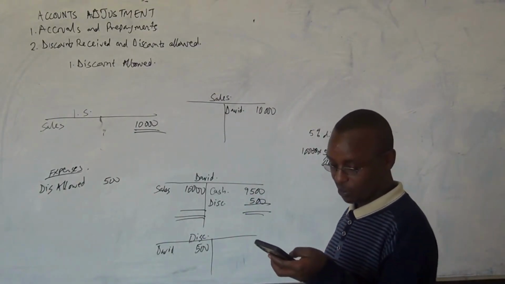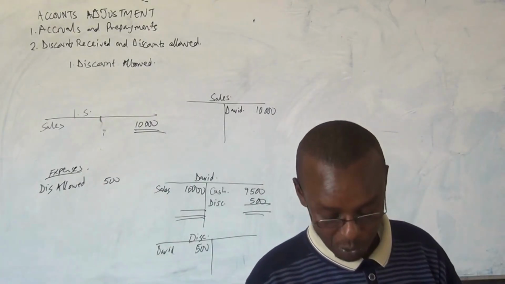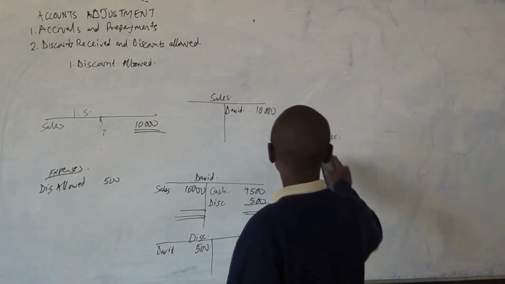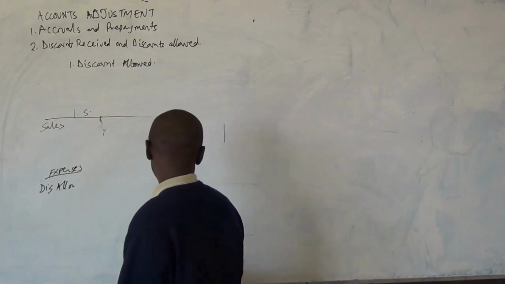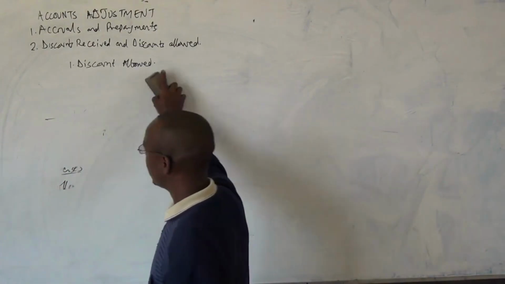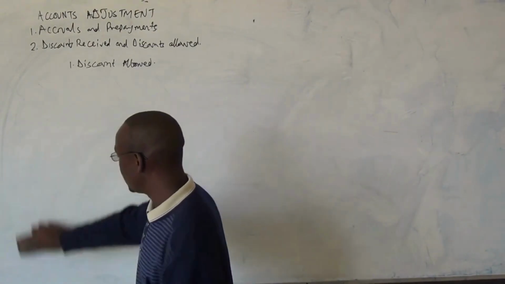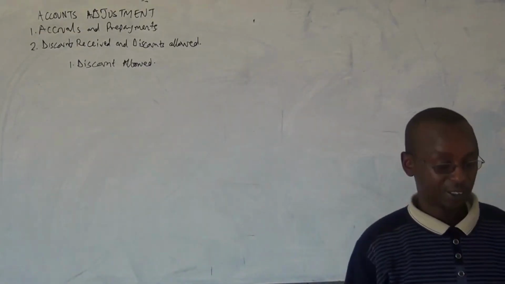That is discount allowed. Discount received on the other hand: when you buy goods from the supplier, some of them also allow you discounts. That is a discount received. We learned how to post it in the cash book. Now we are learning how to transfer it to the financial statements.